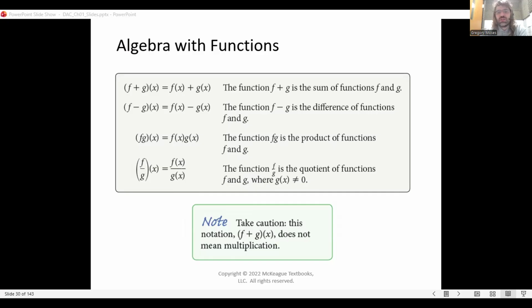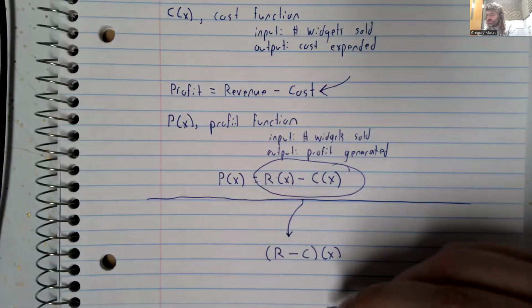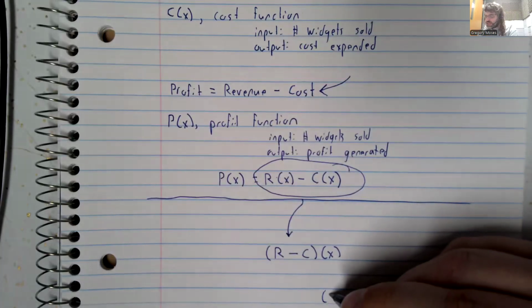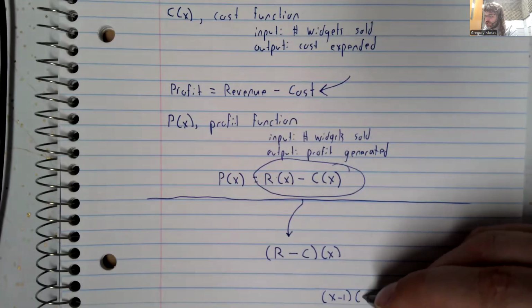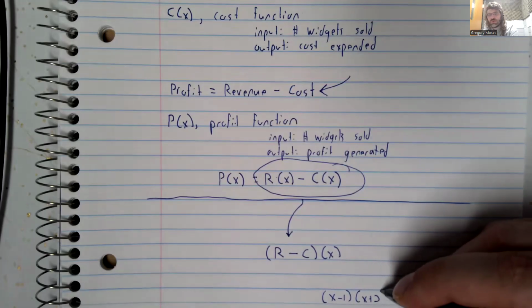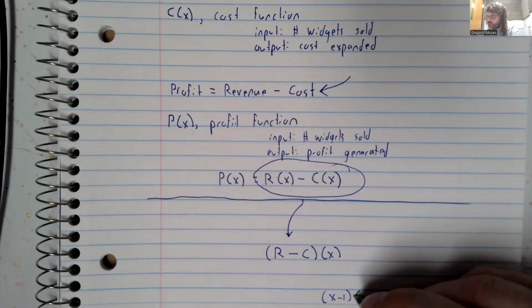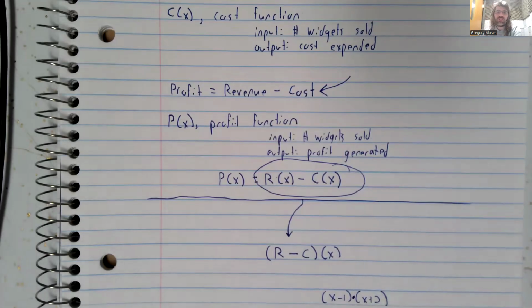Like if I have x minus 1, x plus 2, then I'm multiplying these quantities together. And the textbook is just emphasizing this looks a little like this, but this is not multiplication. This is a function. This is function notation.